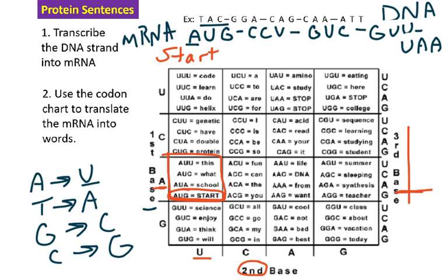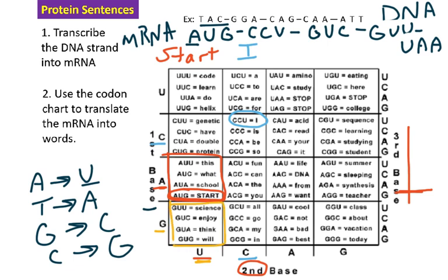The next one, CCU. So let's do a different color, let's do blue. So C, C, and then U works out to be right there, so that's I. Let's do yellow. Then we had GUC, so G, U, and then that's this box.